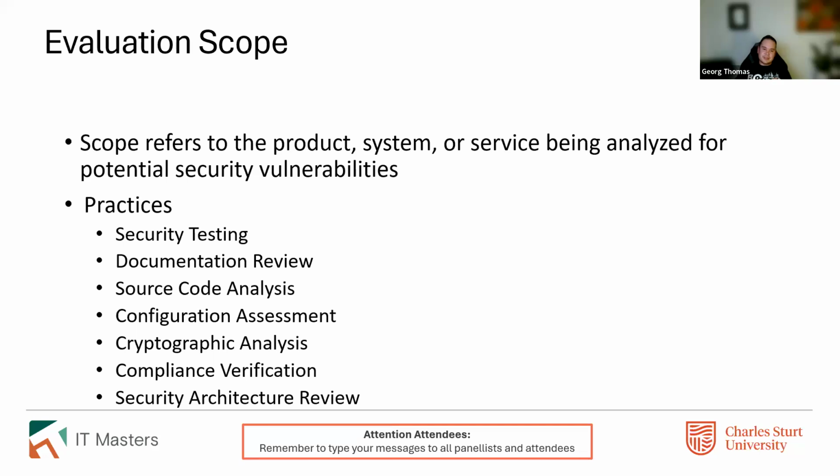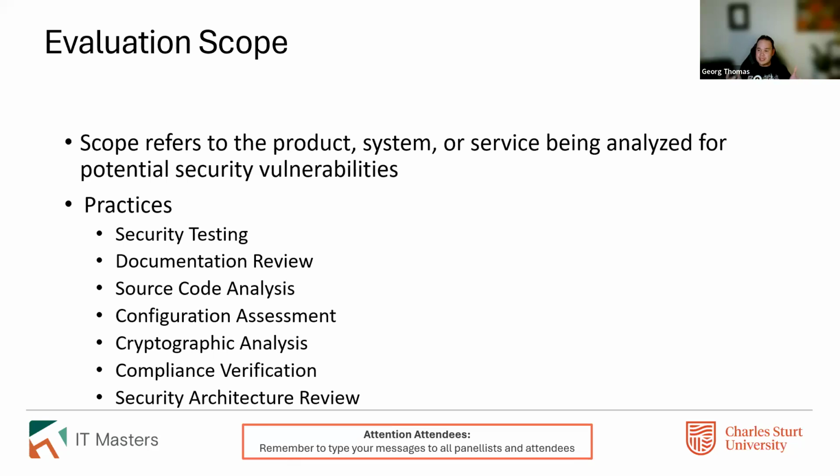Evaluation. So what are ways to evaluate applications from security vulnerabilities? So here are some of the practices that we would need to look at. Security testing. So security testing, pen testing, ethical hacking, sort of very, very similar, but basically doing a test against the application to see if there's any vulnerabilities.